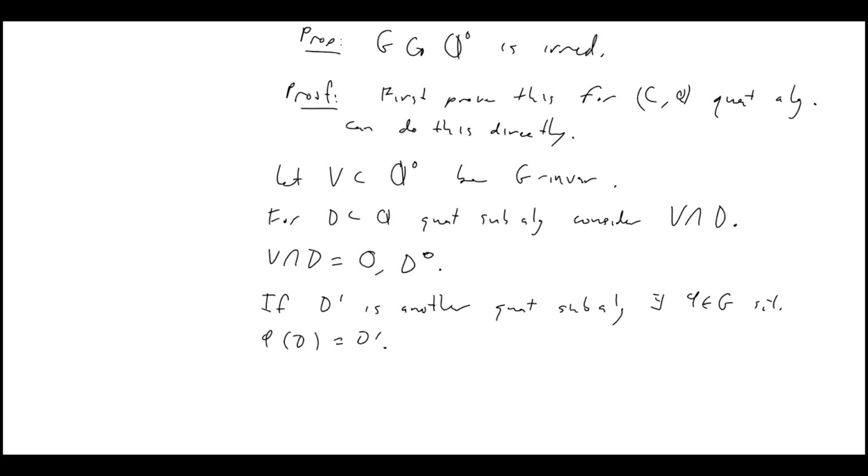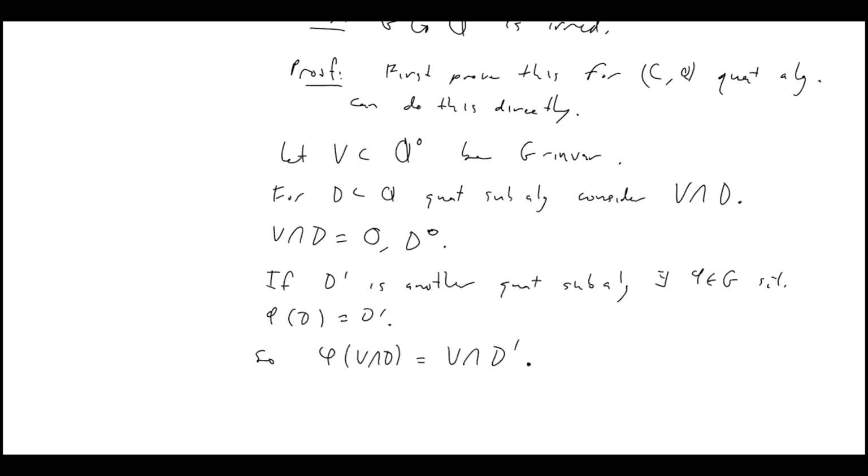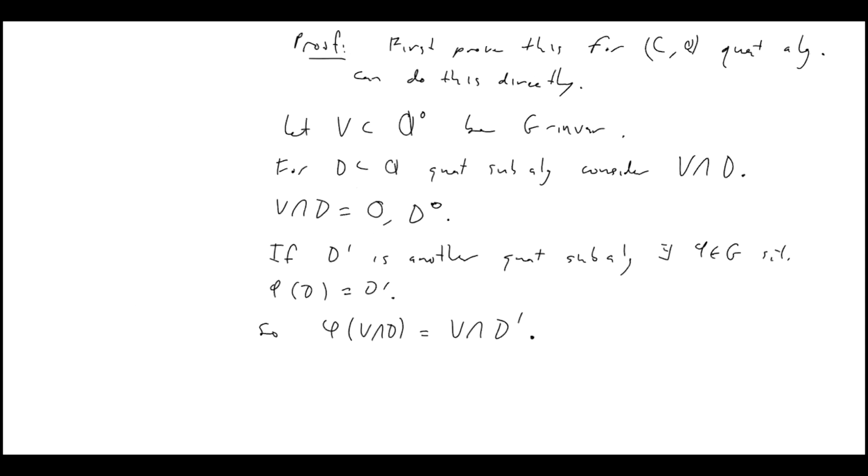So I can apply this phi to the intersection, and this is going to have to be the intersection of V and D prime. Now, from this observation, we'll be able to produce the irreducibility. Let me just write it out a little bit more formally.